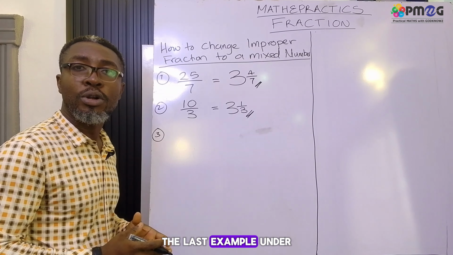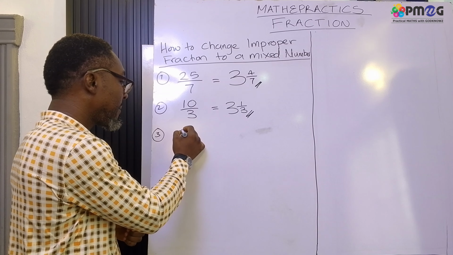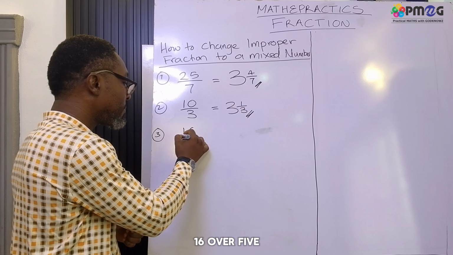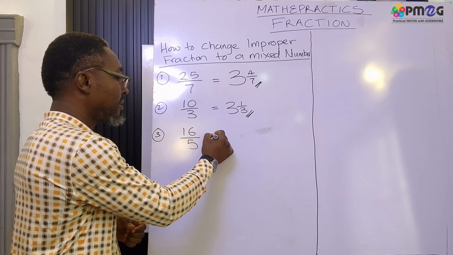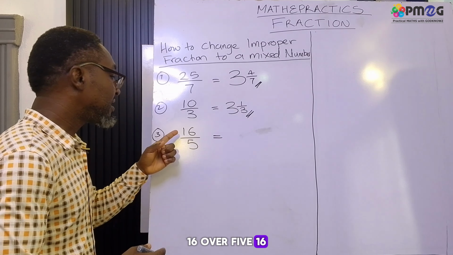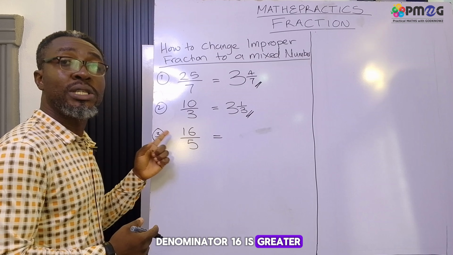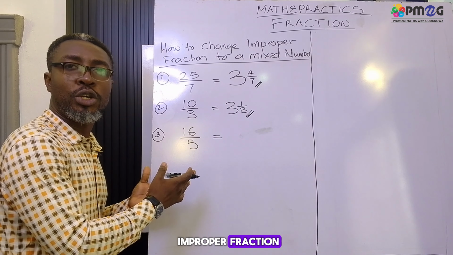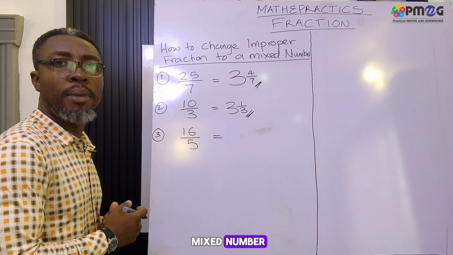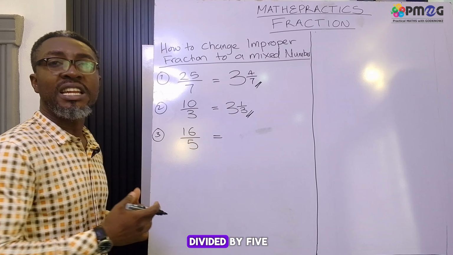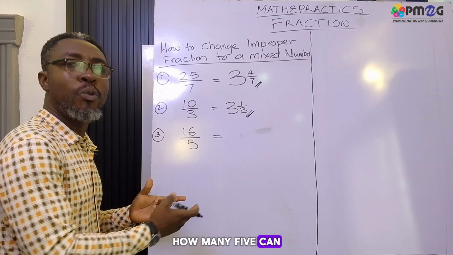The last example under this conversion will be 16 over 5. 16 is the numerator, while 5 is the denominator. 16 is greater than 5, which makes it an improper fraction. So what do we do? Convert to a mixed number. So we say 16 divided by 5. How many 5s can we get in 16?